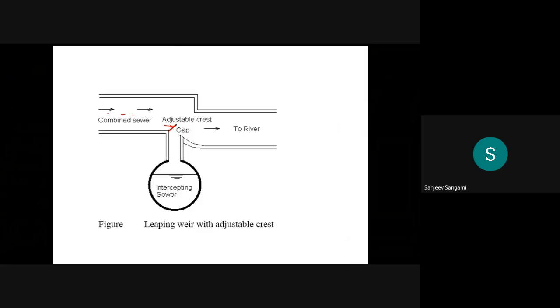Once it hits the crest, the remaining portion of the sewage will be separated out. The separated sewage will slowly move on to the intercepting sewers through this gap, and the remaining will move to the rivers.